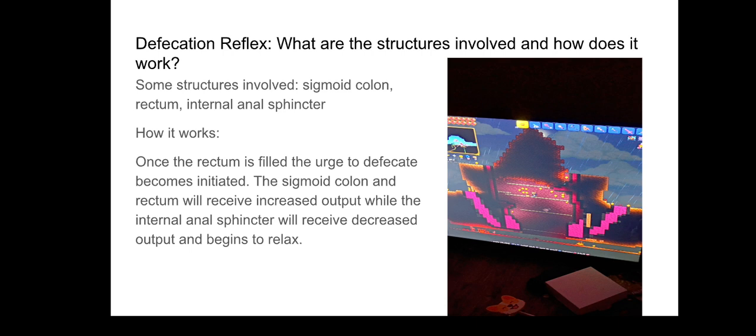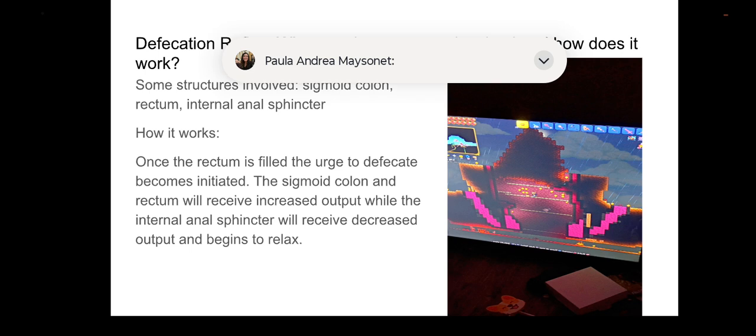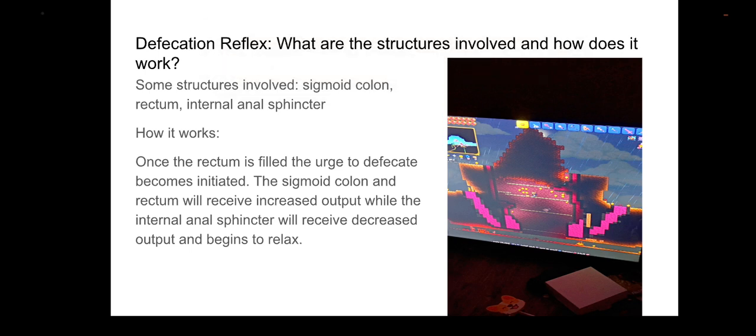So, the rectum is filled with fecal matter, feces, and the urge to defecate will be felt, and the sigmoid colon and the rectum will receive increased output from the parasympathetic nervous system, and the internal anal sphincter will receive decreased output and will begin to relax. I think I got it mixed up.